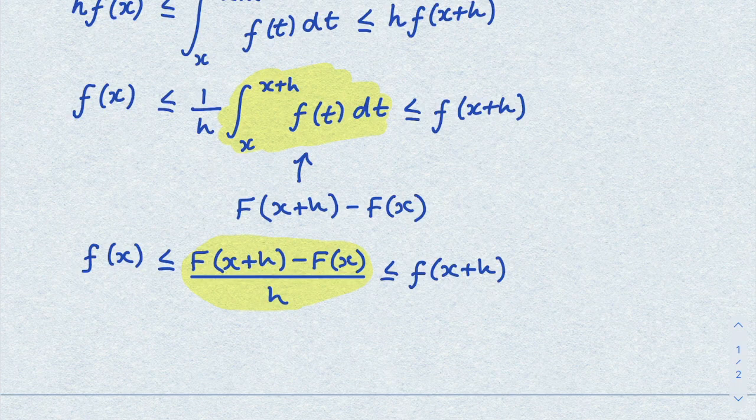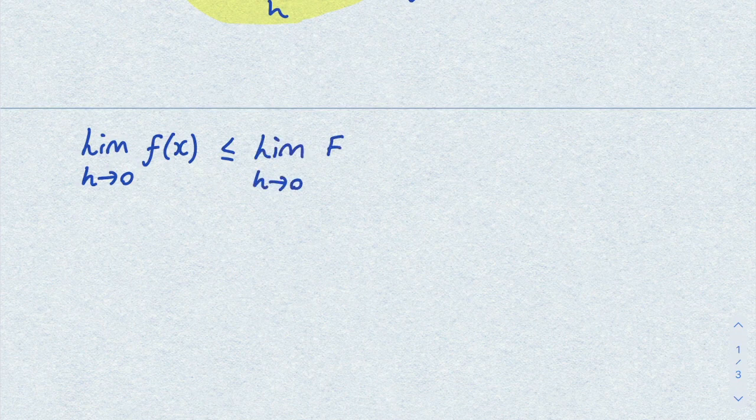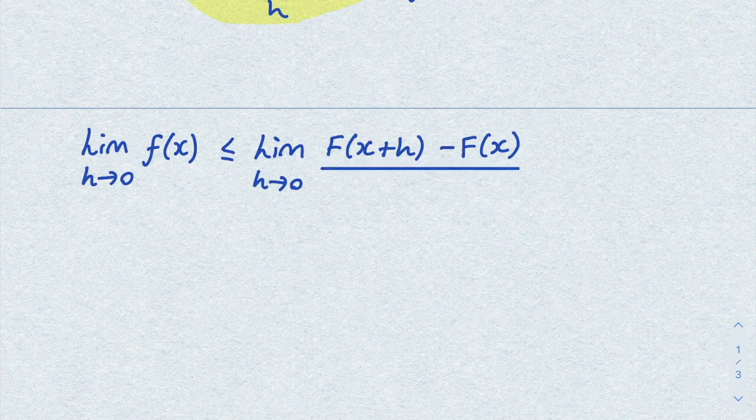So what we can do is take the limit as h tends to 0 for this whole inequality. So as h tends to 0 for lowercase f of x, we're also going to have the limit as h tends to 0 of uppercase F of x plus h minus uppercase F of x all over h, and this is going to be less than or equal to the limit as h tends to 0 of lowercase f of x plus h.